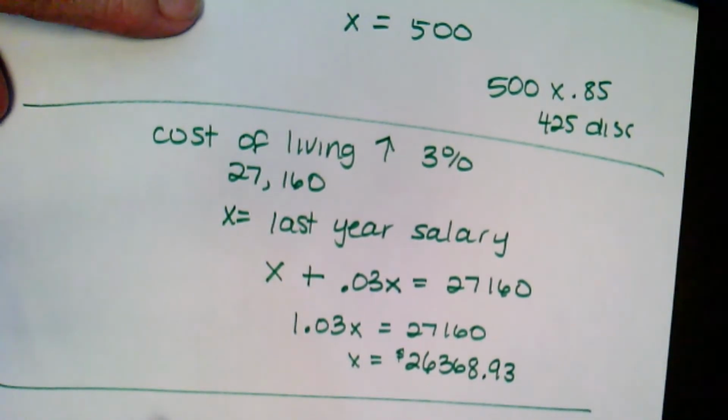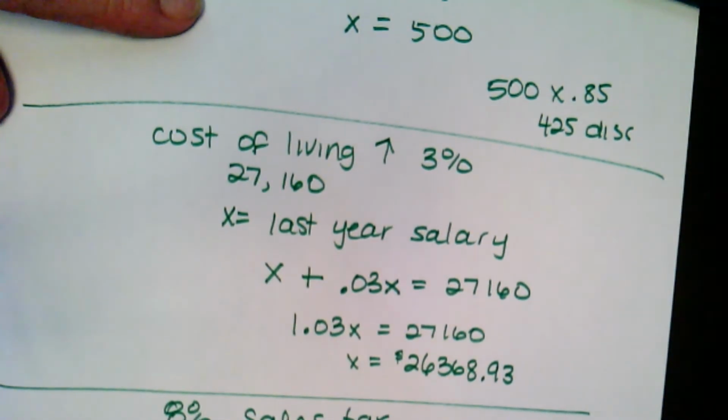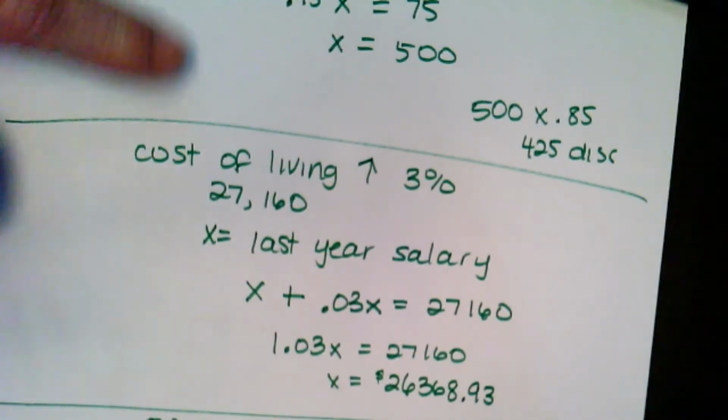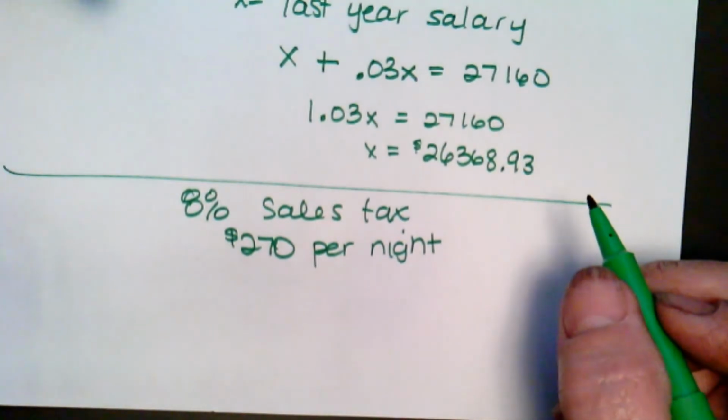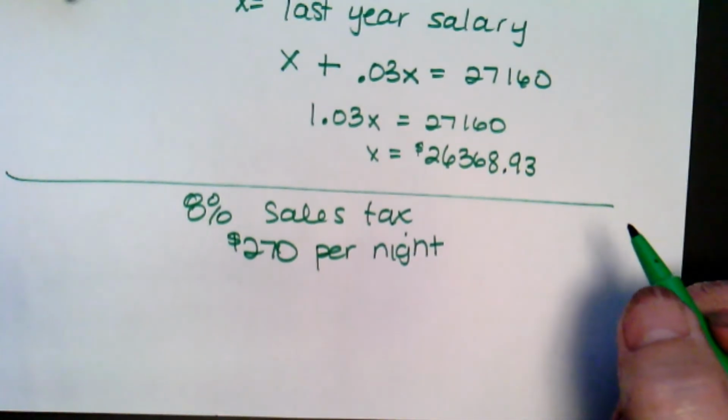And then here's a tax question. So it says, including tax, we paid $270 per night, and that included tax. So we want to know what the cost of the hotel is before the tax is added.